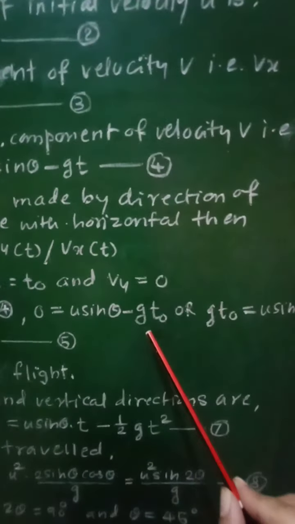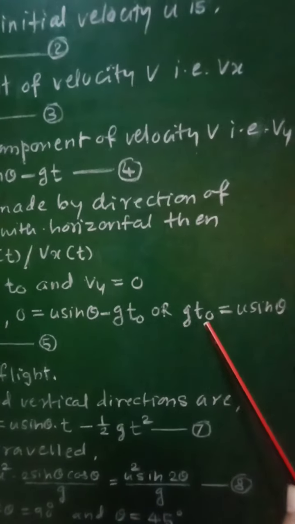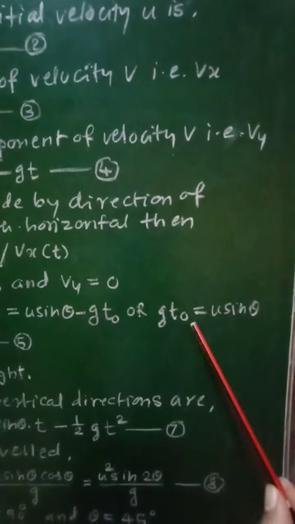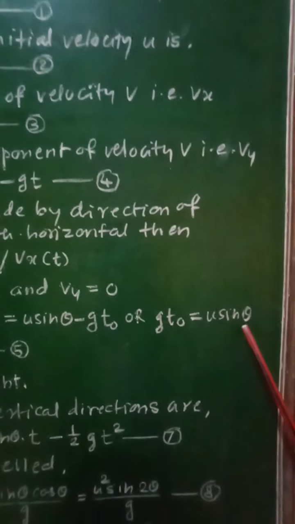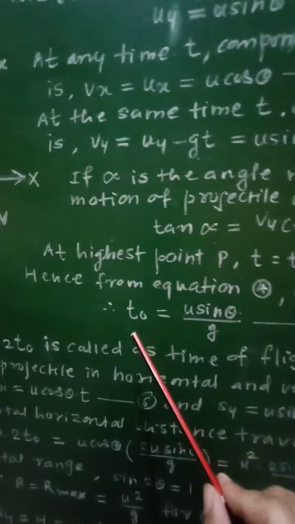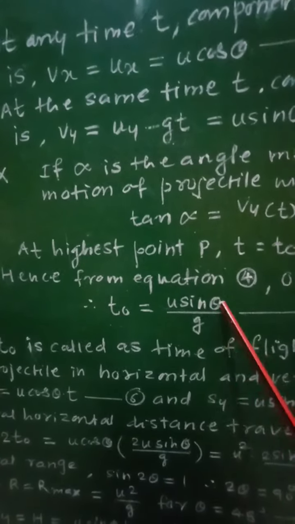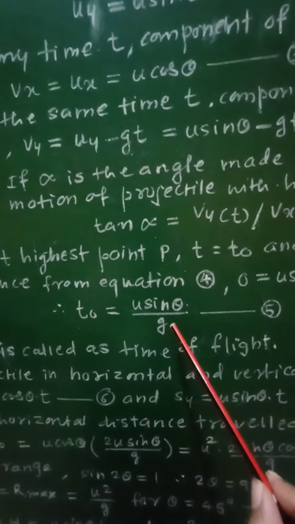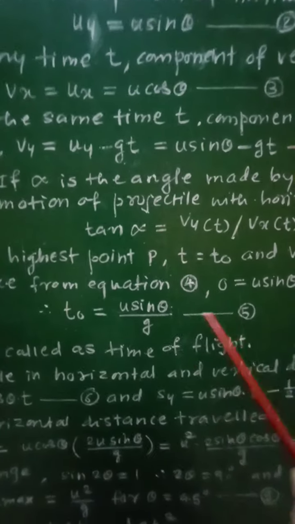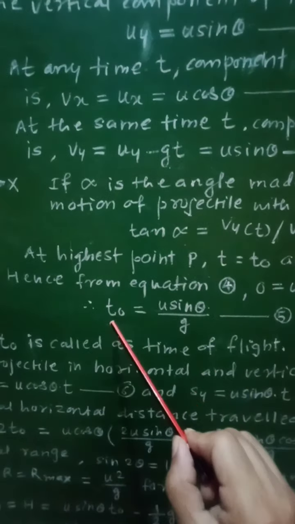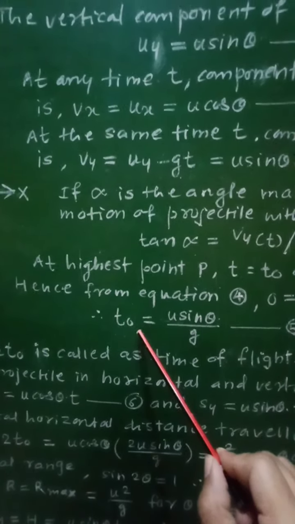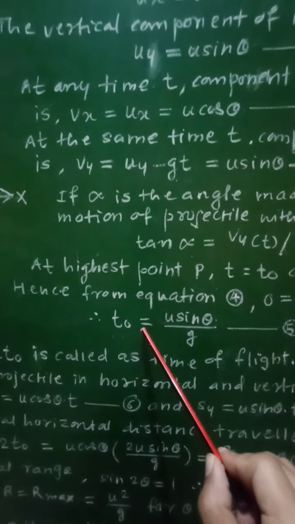Or from this equation we can write gt0 equal to u sin theta, and hence t0 will be equal to u sin theta upon g, equation number 5. This equation gives the time taken by that projectile to reach its maximum height, that is at point P, from its original position.